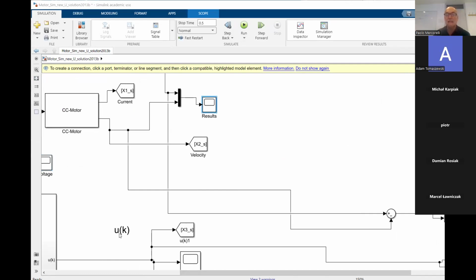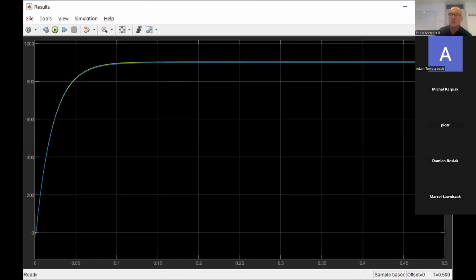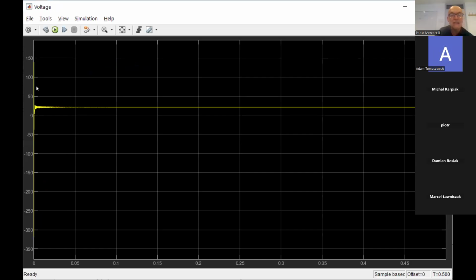Yeah, we can see that it does not change much the result because, remember I told you, we are in a saturation region for the input. Let me look at the input. I don't think it changes much, but it could be that it reduces a little bit. You remember before it was 160, now it's less than 150, right?